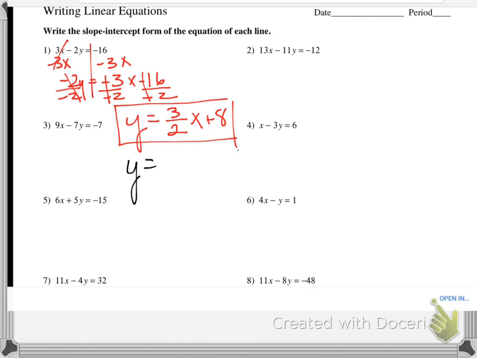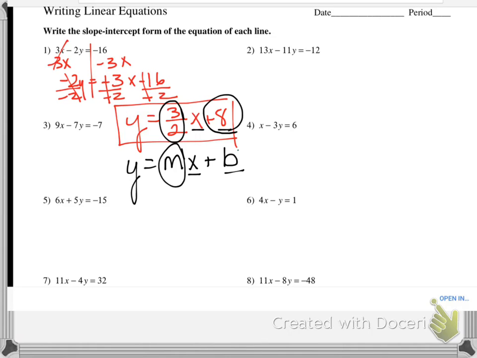Slope-intercept form is y is equal to mx plus b, where the number that is touching the x is your slope. Look at that. So we know the slope, don't we? And then the number in the back, the constant, is your b, and that tells me where I cross the y-axis.